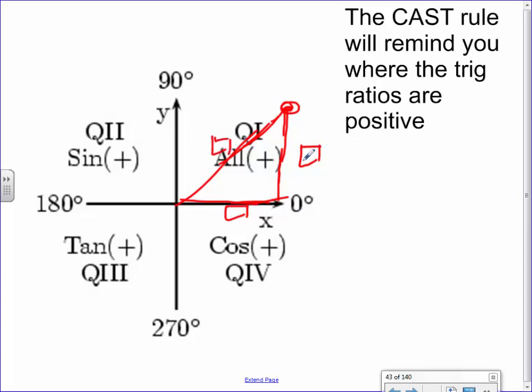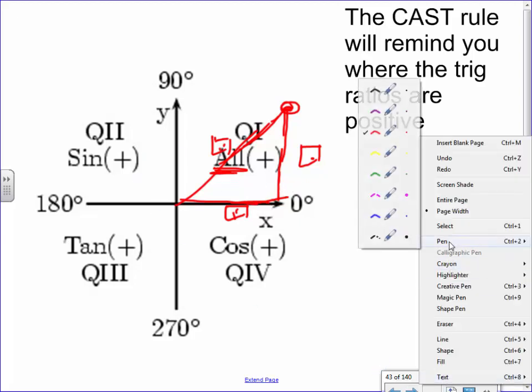So whichever ratio I try to divide, I'm always dividing positive numbers. That means that regardless of whether we're looking for sine, cosine, tan, cosecant, or whatever, isn't everything going to be positive in this quadrant?